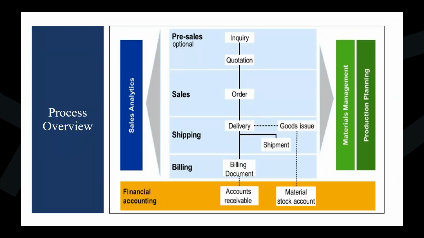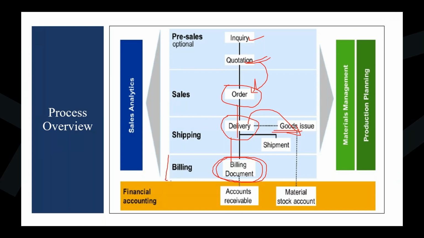So this is the flow we were discussing. We have the inquiry in pre-sales. After that, you send the quotation to the customer. Once the customer says okay to the quotation, we create a sales order. Using that sales order in the shipping phase, we create the outbound delivery, and using that we do the post goods issue and deliver the product to the customer. After that, in the billing phase, we create the billing document, nothing but the creation of the invoice.